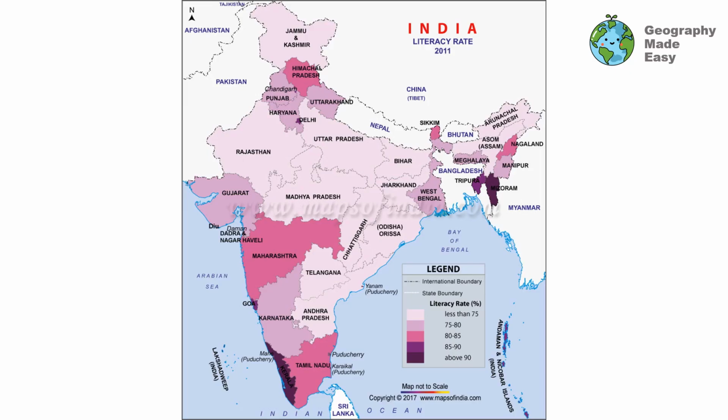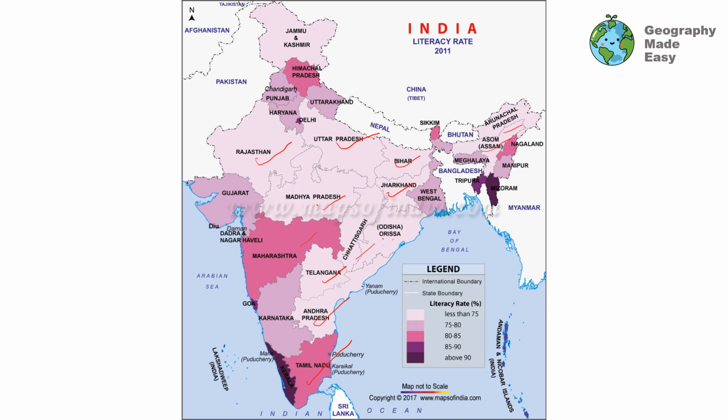If we look at the map of India, these are the literacy rate percentages. Less than 75% is most of North India, with states like Rajasthan, UP, MP, Jharkhand, Odisha, Chhattisgarh, and even some southern states like Andhra Pradesh, Telangana, Assam, Arunachal Pradesh. At 80 to 85% we see Tamil Nadu, Maharashtra.